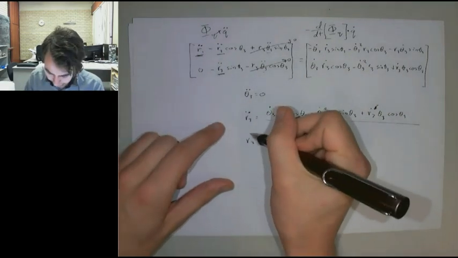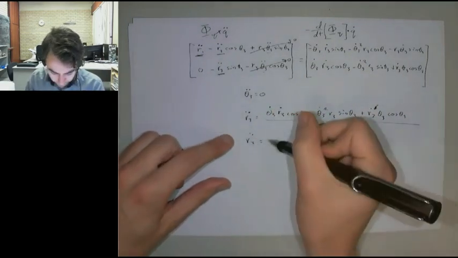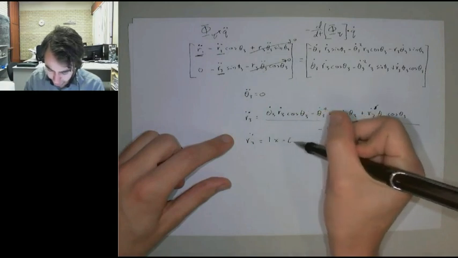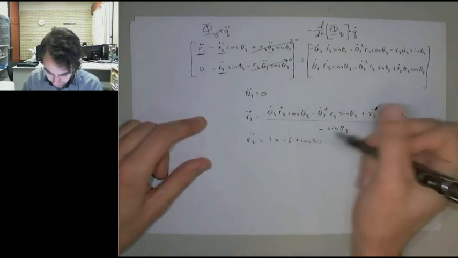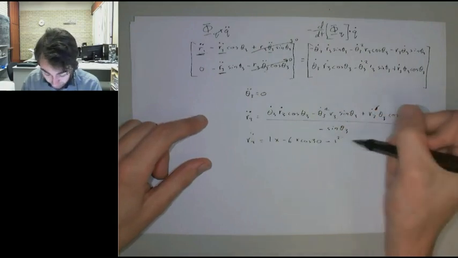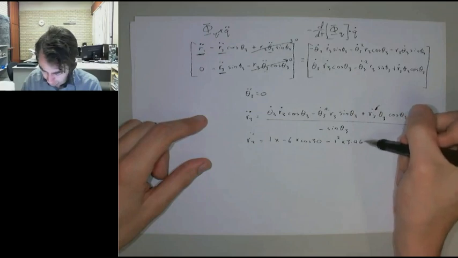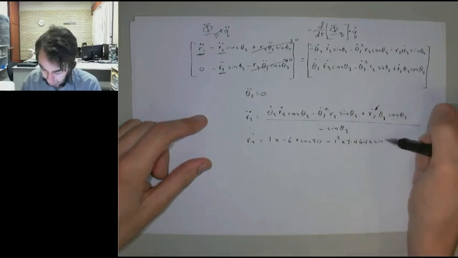Now, substituting in those values, we got all these previously. So -6 for this one. Cos 30, subtract 1 squared, times our R3 value, times sin 30.